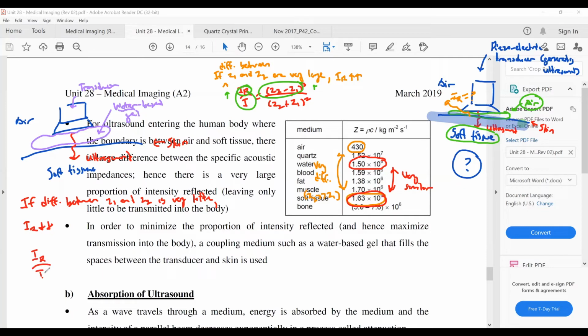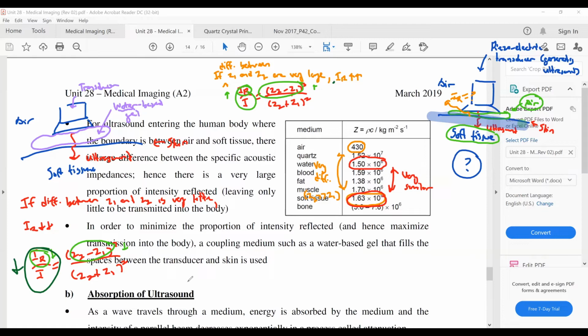Because if you look back at the equation, I_R over I being (Z2 minus Z1) squared over (Z2 plus Z1) squared, if the difference is very small, because they're both very similar, this one will be small. That will in turn cause this entire expression to be small.